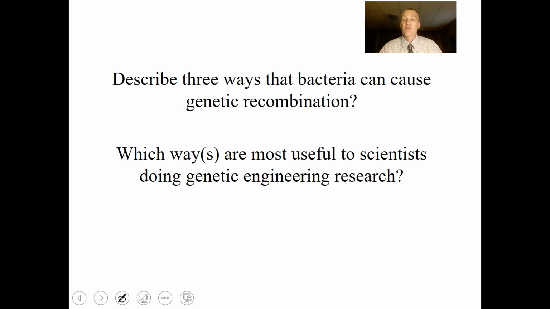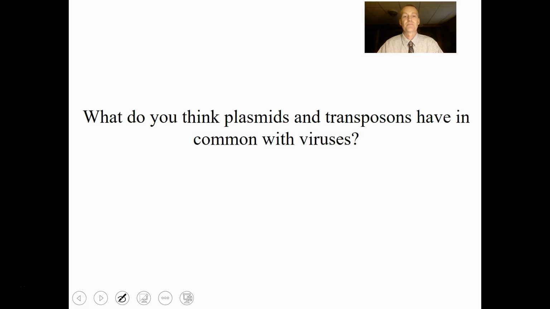They do use transformation, where they can heat shock a bacterium to bring in DNA. We also use plasmids. Plasmids are the workhorse of genetic engineering, so we definitely use a lot of plasmids to insert genes into bacteria that we want the bacteria to make.